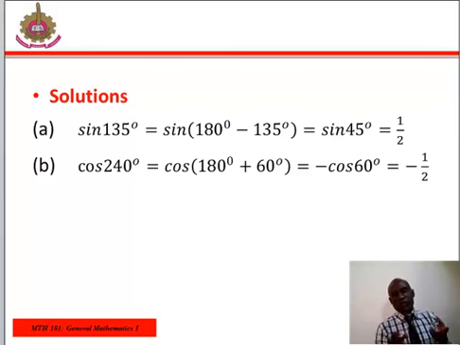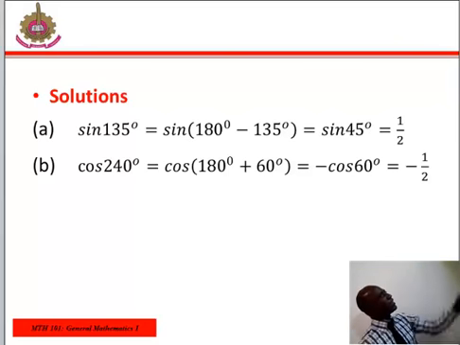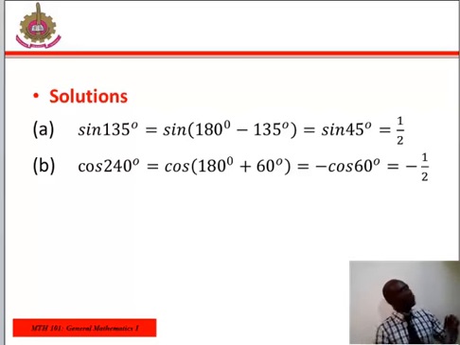Now, B part, cos 240 degrees. Cos is positive within the fourth quadrant. But in this case, we have cos 240 degrees, and 240 degrees falls within the third quadrant. And in that third quadrant, cos is negative.